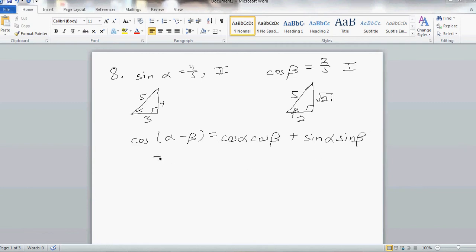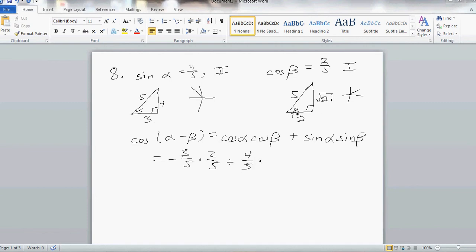Okay. Now, in quadrant 2, I need to be very careful with the signs. So cosine of alpha would be 3/5, but since it's in quadrant 2, it has to be negative 3/5. Cosine of beta, being in quadrant 1, everything's positive, so that would be 2/5. Sine of alpha, second quadrant, sine is positive, so sine of alpha would be 4/5.